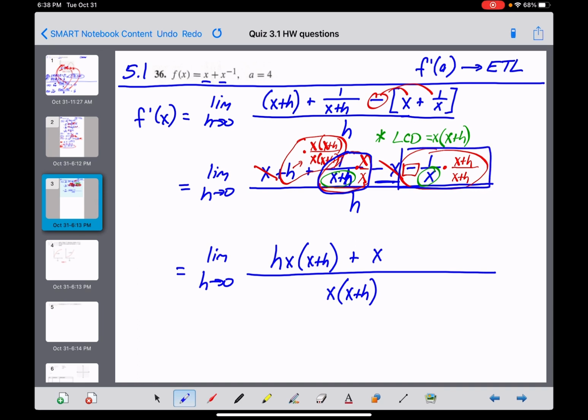Everything that's left over now, we're basically distributing a minus to that. That's going to end up being a minus x and a minus h all over that same denominator. Now, the only thing I haven't covered yet is this h right here.